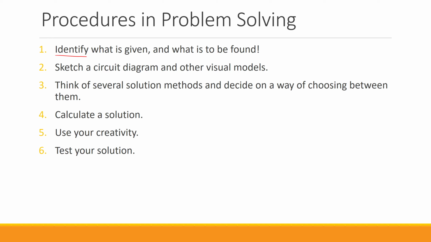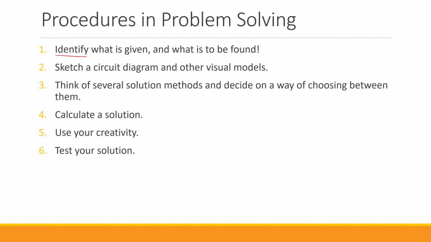Or if we have a voltage source or a current source, right? So first we need to identify what is given in our circuit. And also we need to see what we are looking for, right? Because depending on what we are looking for, the solution that we have can be drastically different.